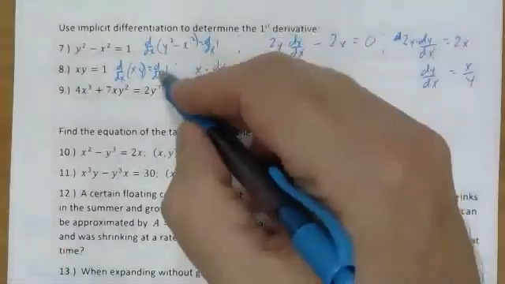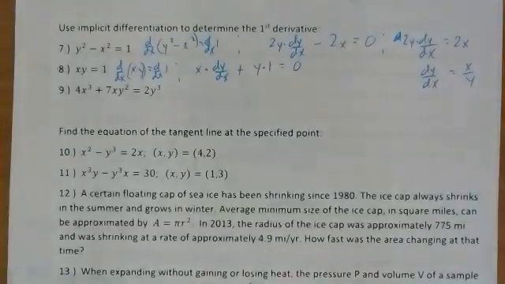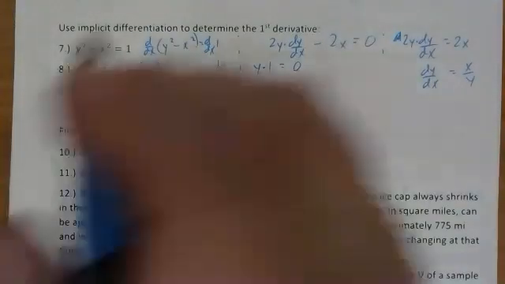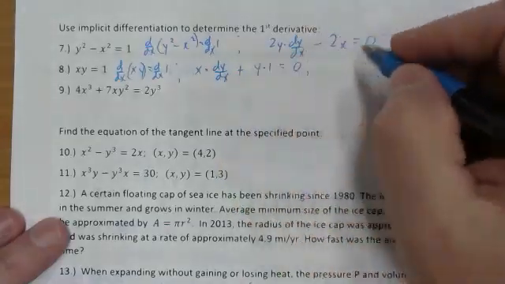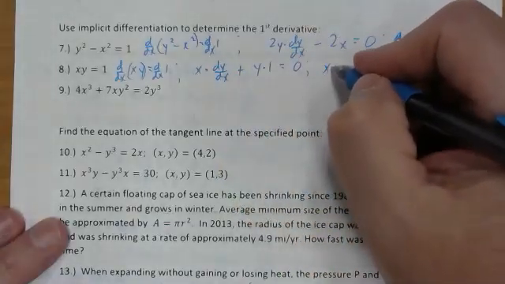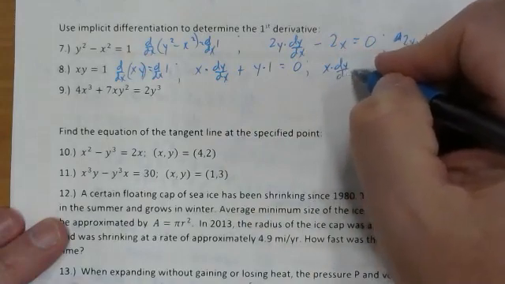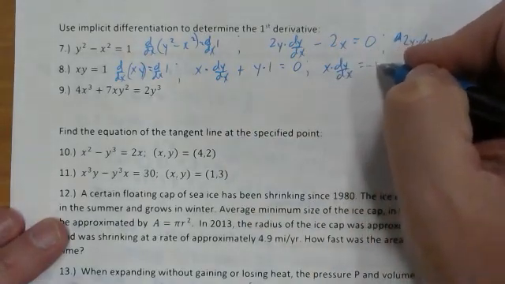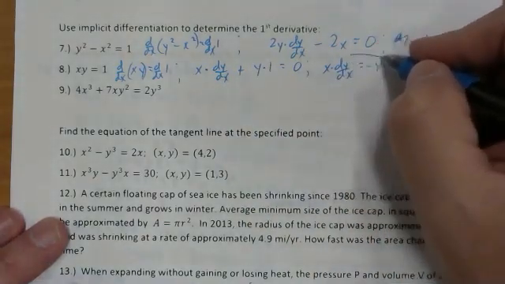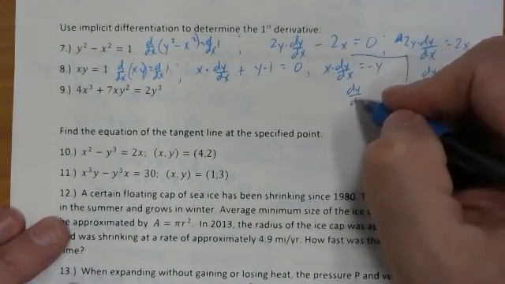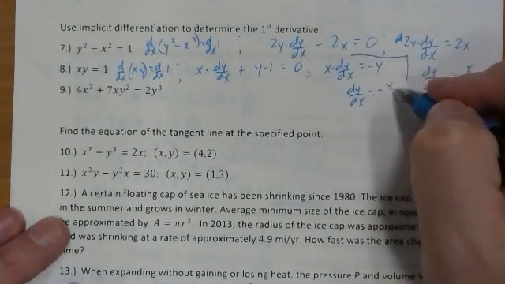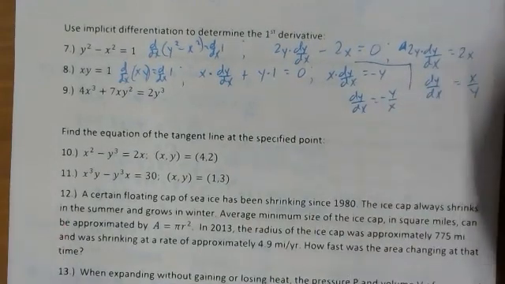That equals derivative of the constant, which is 0. So subtract y from both sides. Divide both sides by x. dy dx equals negative y over x.